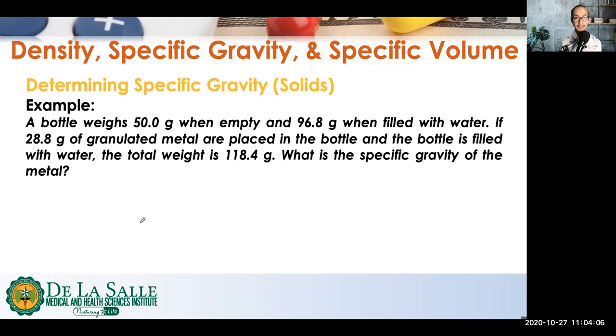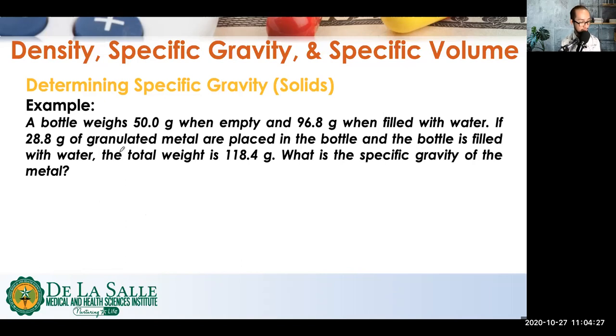That space is its volume, and the volume that it occupies has an equivalent weight as well, which is the weight of the space occupied by the granulated metal that we need to determine.